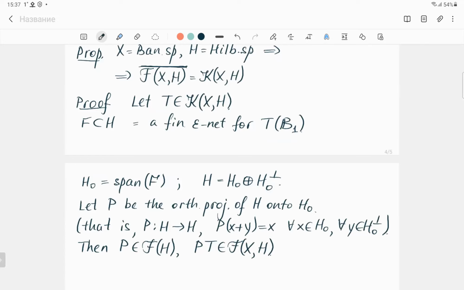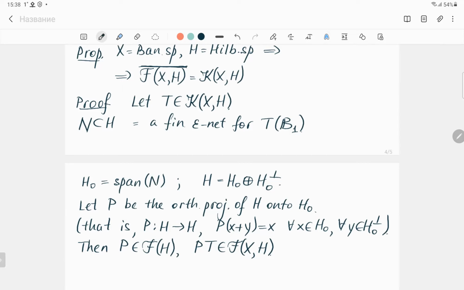Well, script F is the set of all compact operators. Let's denote the net by some other letter, for example, N. N is for net. Okay. H0 is the linear span of N. Is it better?